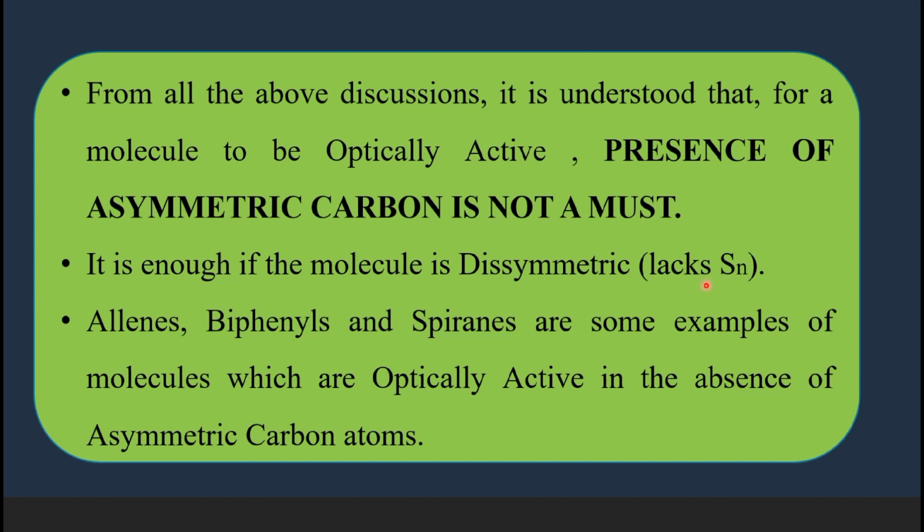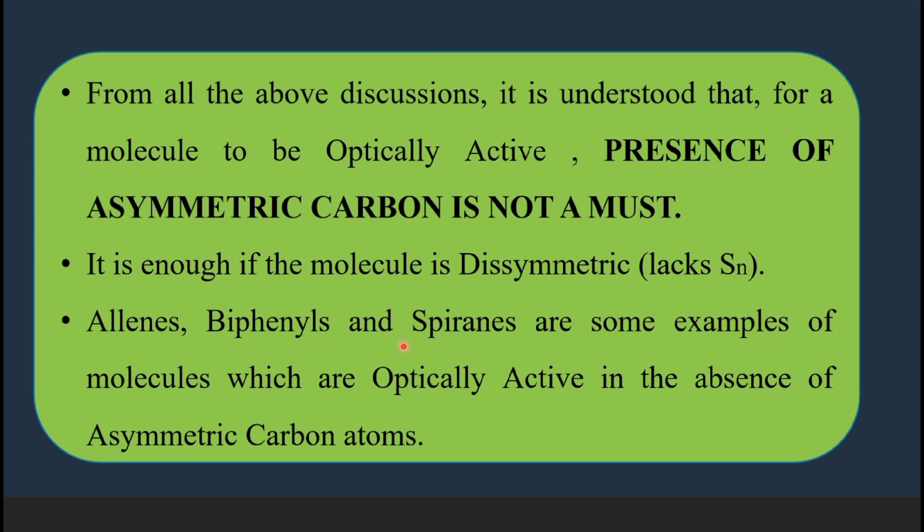And we can understand that from these molecules: some allenes with suitable groups, biphenyls, spiranes, these are some examples of molecules which show optical activity even in the absence of chiral centers or chiral carbon atoms.